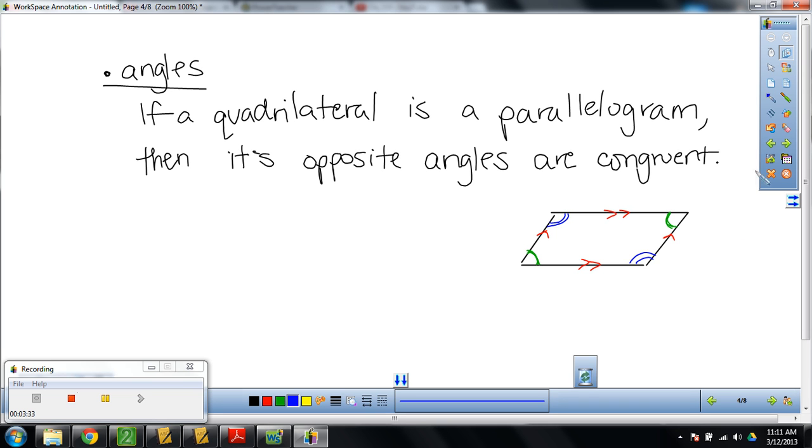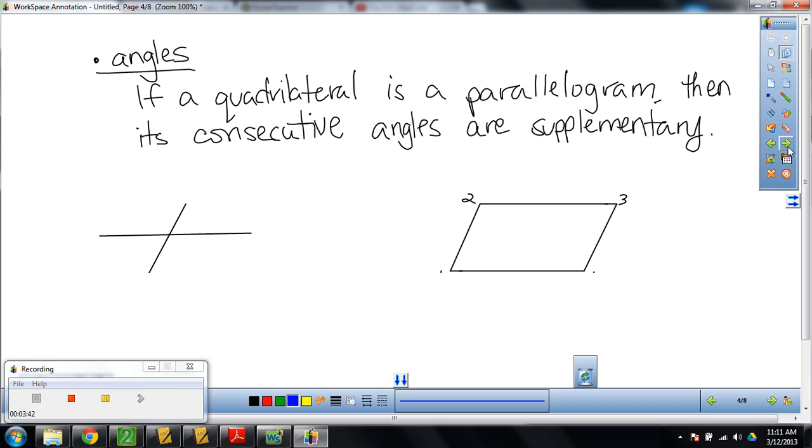We also have a second property of angles, and this goes back to the idea of parallel lines and transversals. If a quadrilateral is a parallelogram, then its consecutive angles are supplementary. We can go back, we know that these lines are parallel, and this line is our transversal.